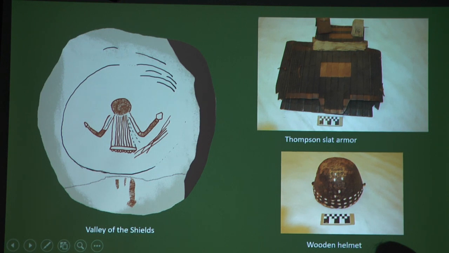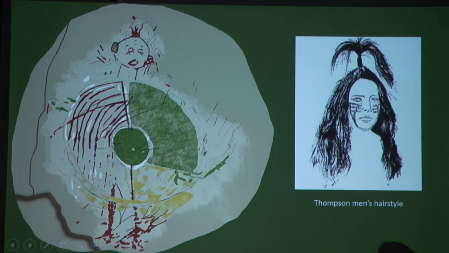Now, of course, we're speculating at what we're seeing here. But interestingly enough, this figure has this little top knot on the top of his head, and this is what Thompson hairstyle looked like. So we think that's a secondary suggestion that a group from western Montana, northern Idaho, and southern British Columbia may have visited that site.